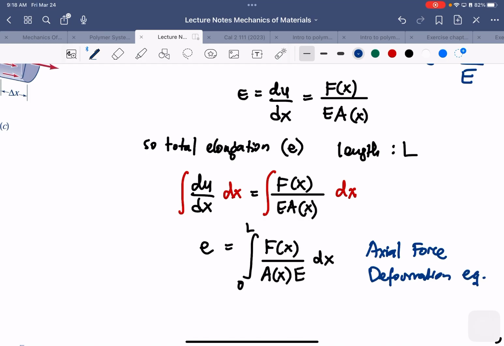This is an equation to determine how much displacement, or how much additional length, results if there is an axial force that deforms the material.